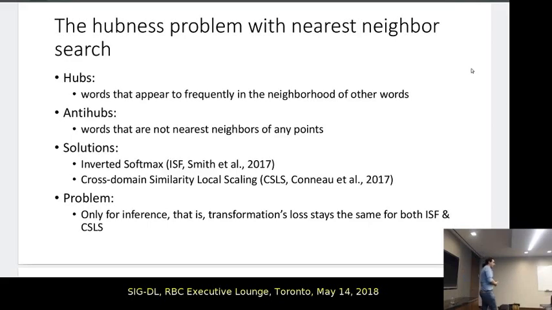But the problem is now you have two systems: a learning system and an inference system. In your learning system, you train on the L2 norm, and then in your inference system, you want to use cosine. That's not guaranteed to converge because you're using two different criteria.